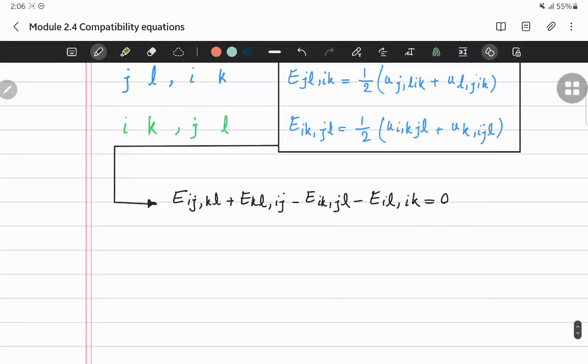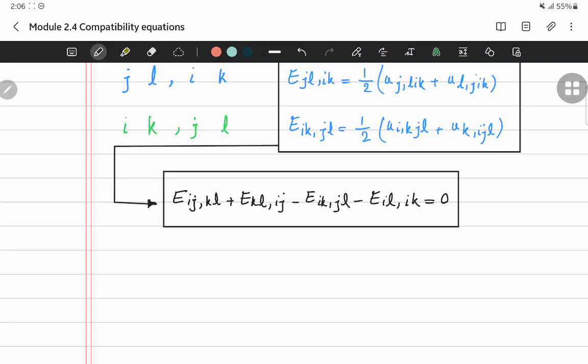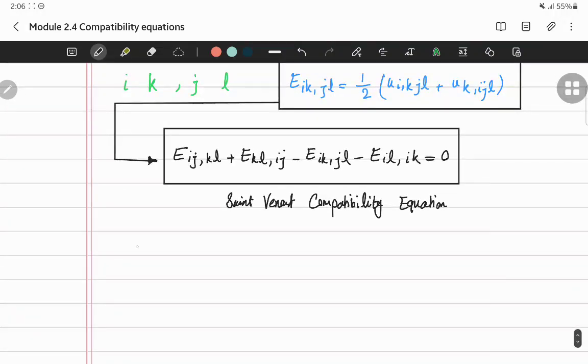This is basically the Saint-Venant compatibility equation. So if you see here, we have four indices for three indices. So the number of equations is 3 to the 4, which is 81 equations.